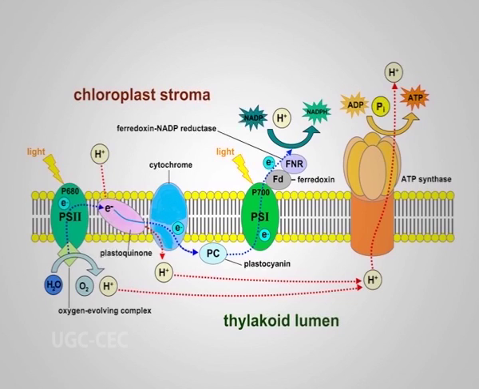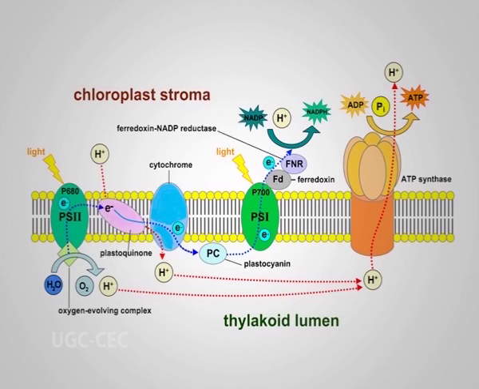Some of the cytochrome B6F complexes are found in the stroma region of the membrane, where photosystem 1 is located. Under certain conditions, cyclic electron flow from the reducing site of photosystem 1 through the B6F complex and back to photosystem 1 is known to occur.